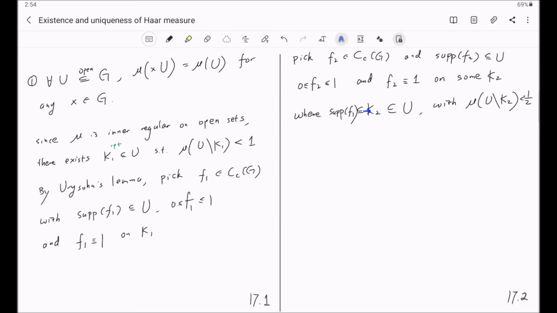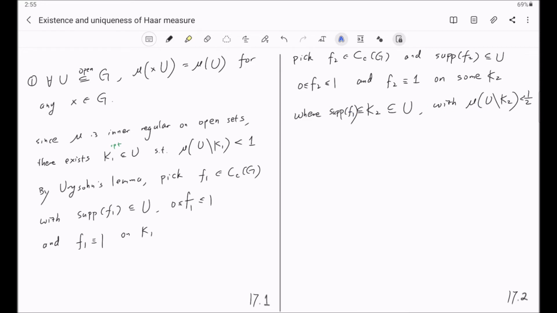Do you see how to construct such K2 specifically? First, you just pick any K2 whose complement in U will have measure less than 1/2 by the inner regularity of U. And then you take the union of that K2 and the support of F1.